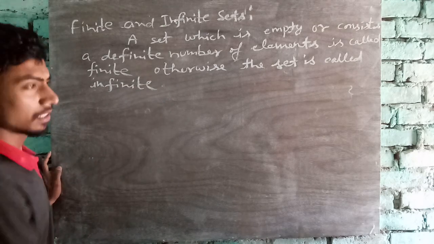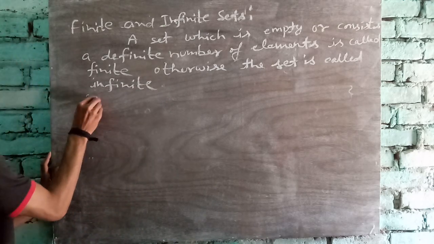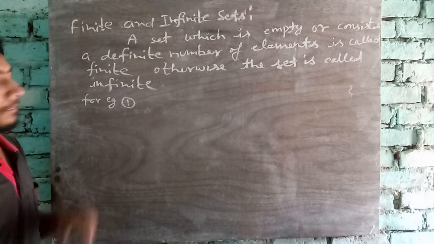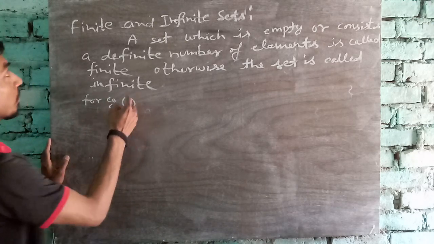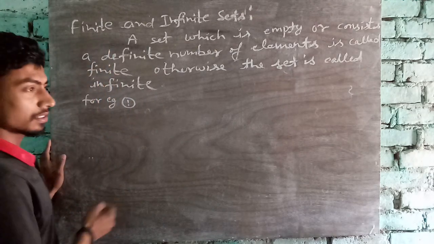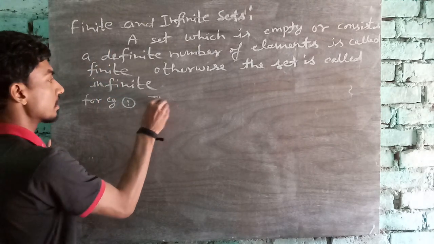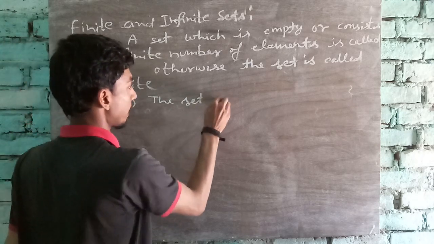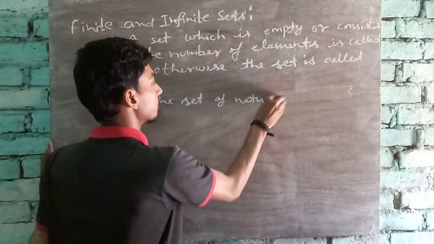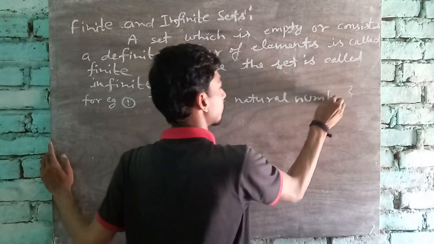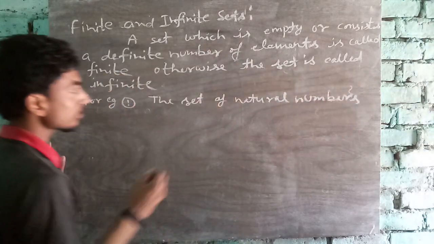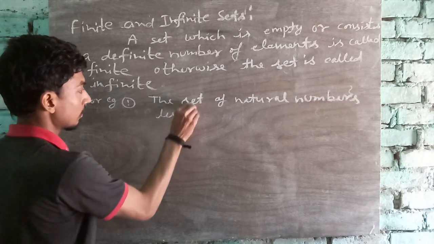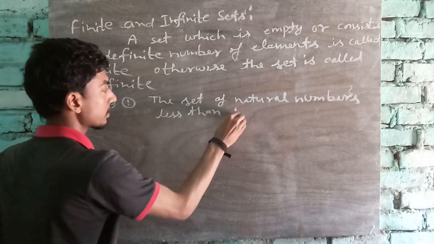For example, first, which is finite: the set of natural numbers less than 10.